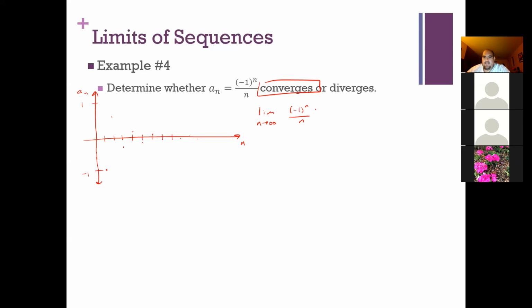But it's a little difficult to deal with because the numerator on its own diverges. We just showed that. So there's a theorem that we need to think about, and this one is also very powerful, called the squeeze theorem.